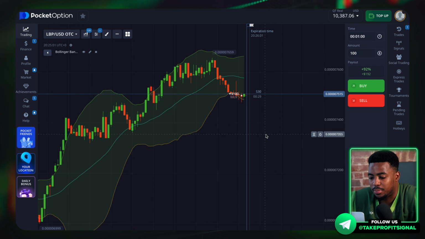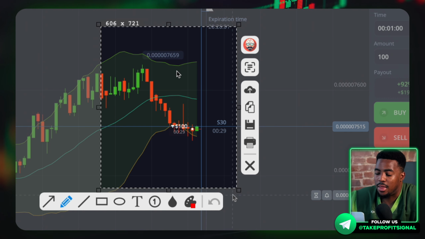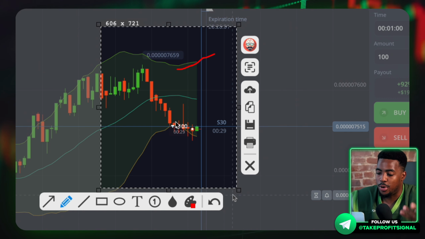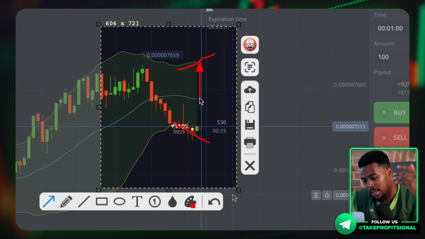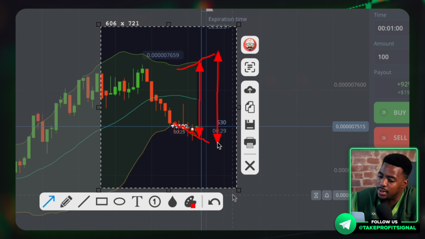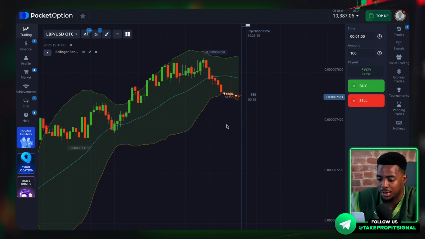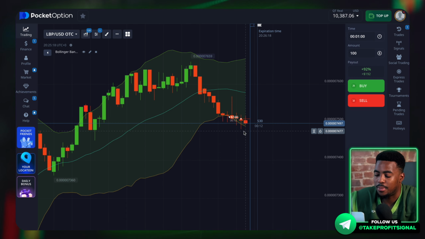This channel shows us the normal trading range of price movement. As soon as this range begins to expand, that is, we see that the upper limit goes up and the lower limit goes down, the distance between these lines increases. We understand that volatility appears in the market and a strong trend appears.